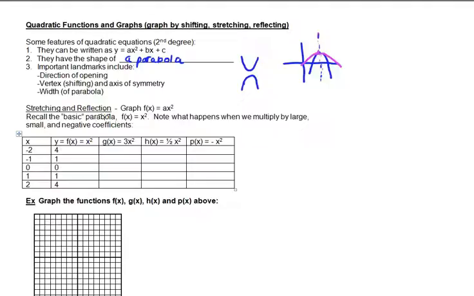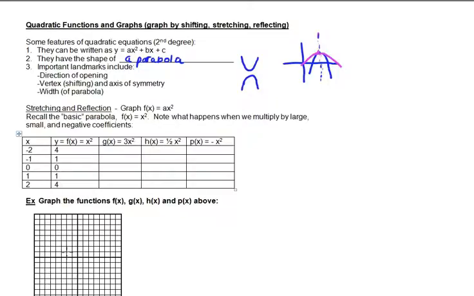And what we're going to do is learn how to modify what I call the basic parabola, which is f of x equals x squared. Calculate the points by plugging different values of x into the equation. So when we take negative 2 and square it, we get positive 4. Take negative 1, square that, you get positive 1. 0 squared is 0, 1 squared is positive 1, and positive 2 squared again is 4. And we can plot these points.